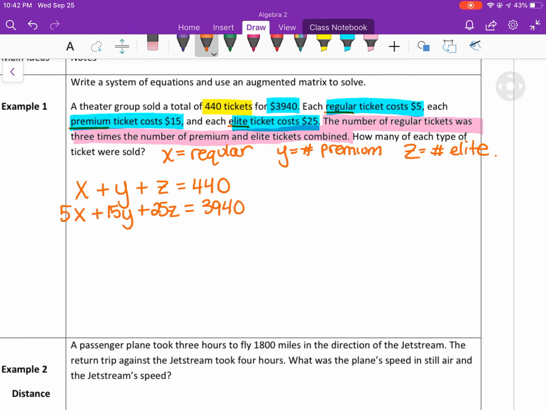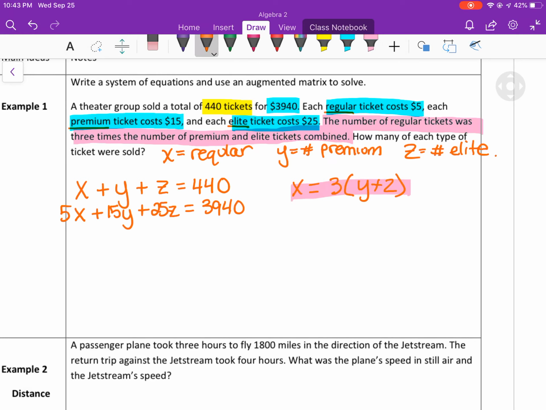So the number of regular tickets, X, equals 3 times the number of premium and elite combined. When you combine something, you add them together. So 3 times premium and elite. So that's my third equation right here.